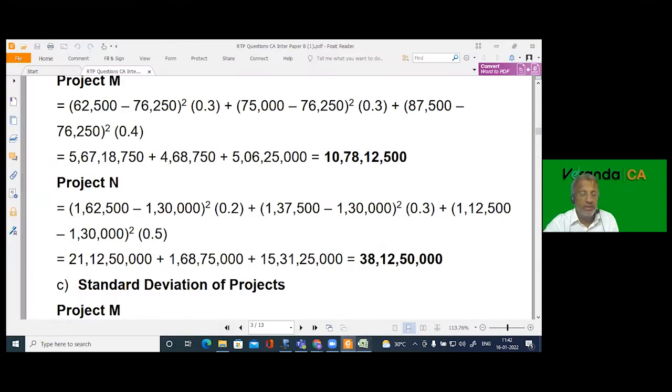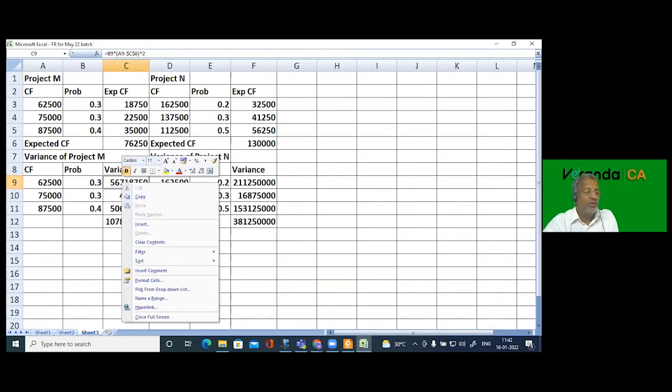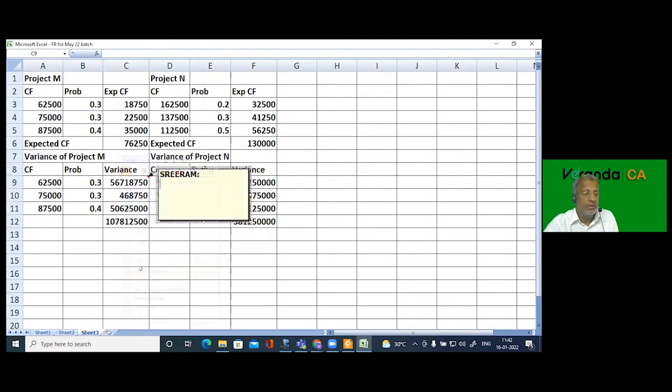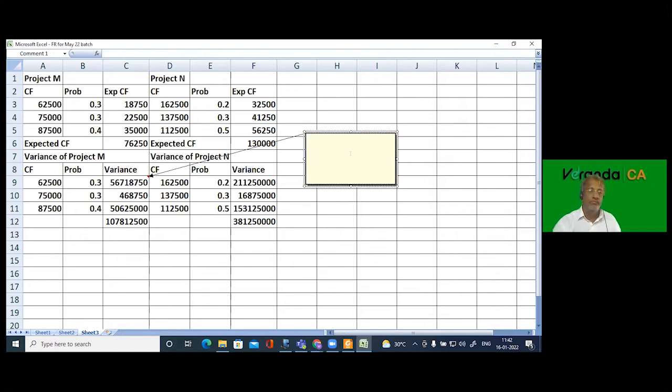Now let us see how we computed this variance. It is 0.3 multiplied by 62,500 minus 76,250 to the power 2.